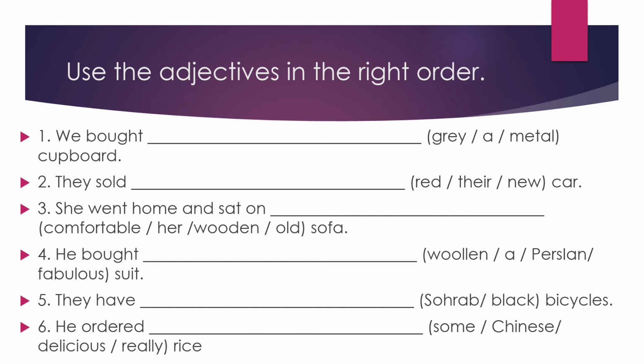She went home and sat on comfortable, her wooden old sofa. He bought woolen, a Persian fabulous suit. They have Sohrab black bicycles. He ordered some Chinese delicious, really rice.